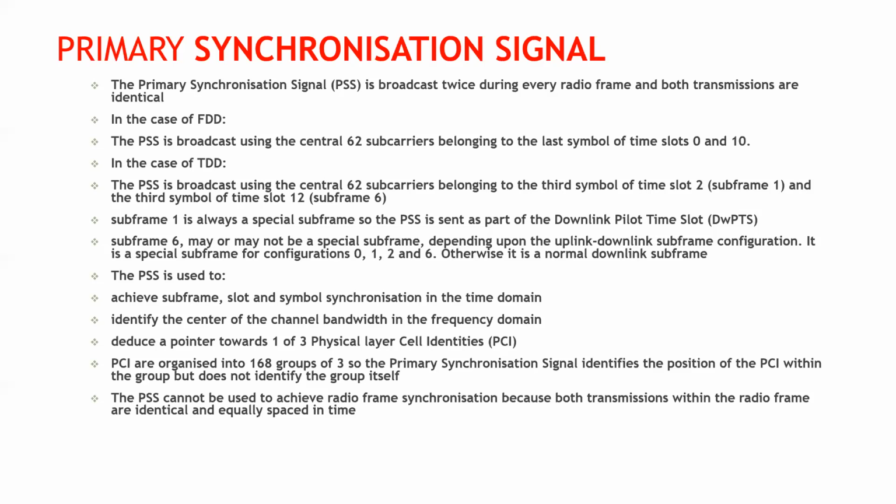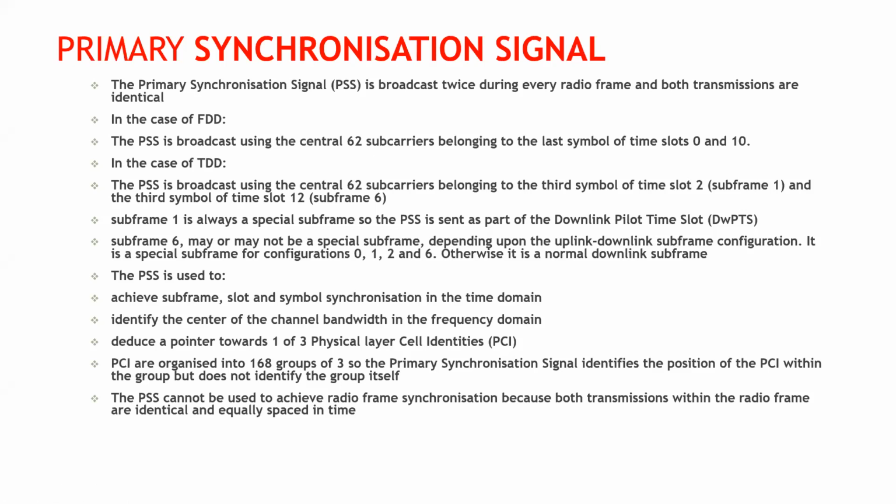Here I said central 62 subcarriers, so there will be 6 resource blocks, 6 PRBs. In this, the PSS is broadcast in time slot 0 and 10, that is the last symbol of time slot 0 and 10.